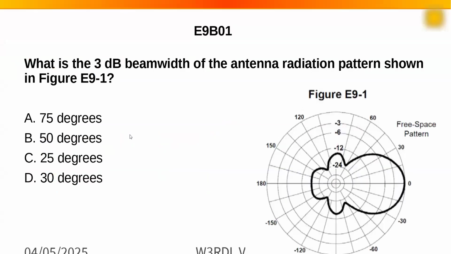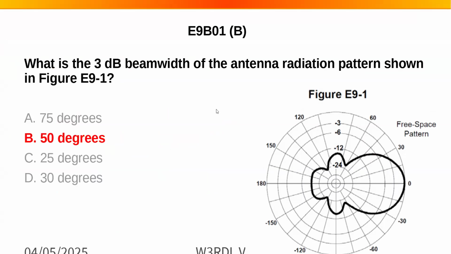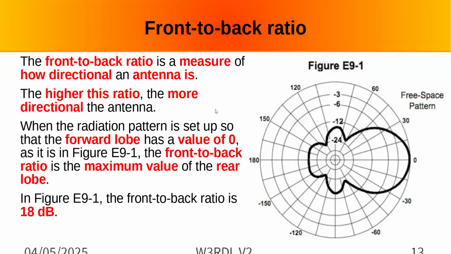So what's the 3 dB beam width of the antenna radiation pattern shown in the figure? Looks familiar. Okay, front to back ratio. It's a measure of how directional the antenna is.